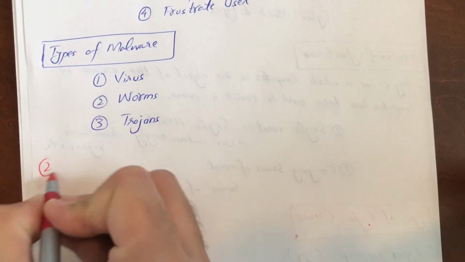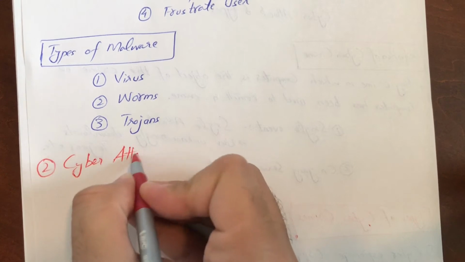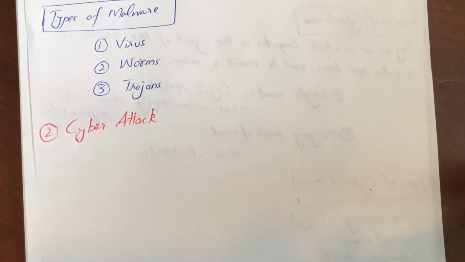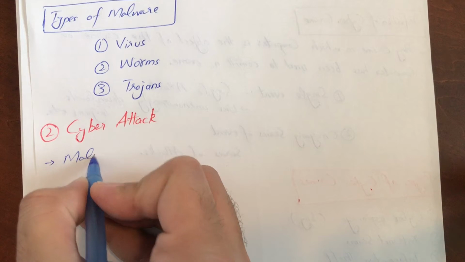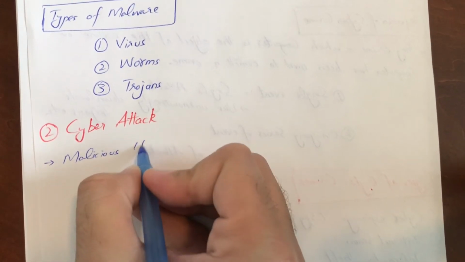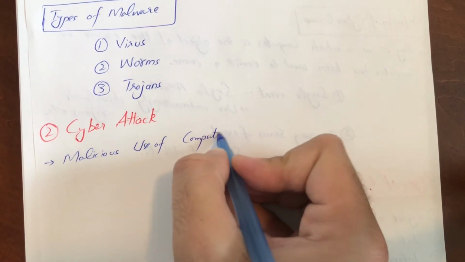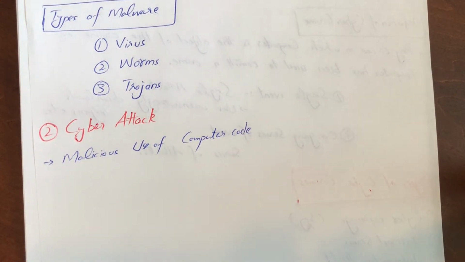Then the second agenda item is the cyber attack. So let's define a cyber attack, and then I'll give you a complete definition, or you can say the types of cyber attack. So a cyber attack is basically malicious use of computer code. Now, malicious use of computer code is basically designing a virus, malware, or something like that.